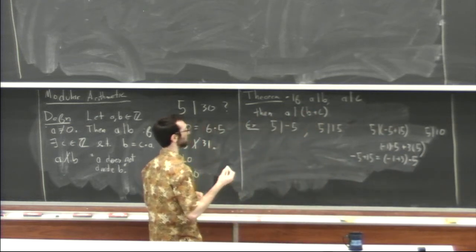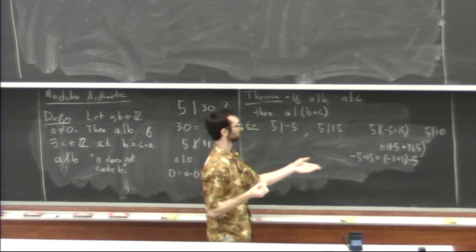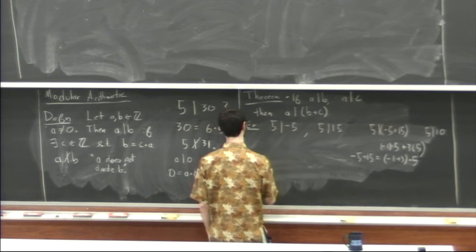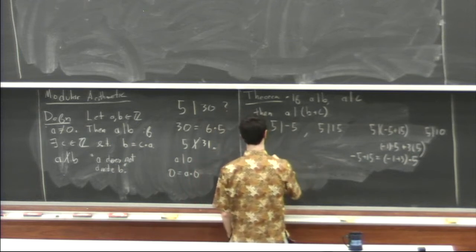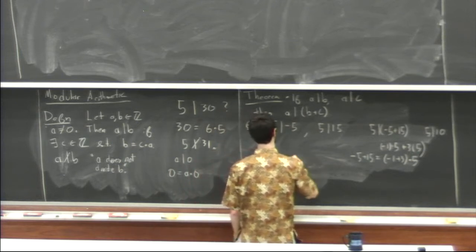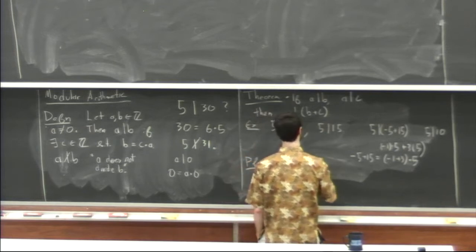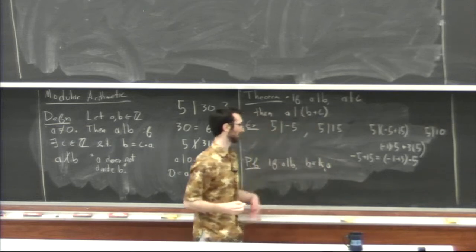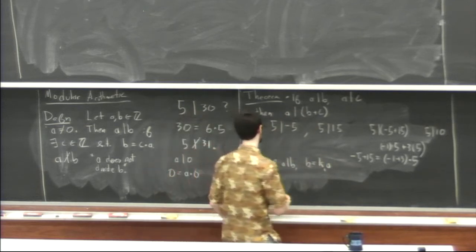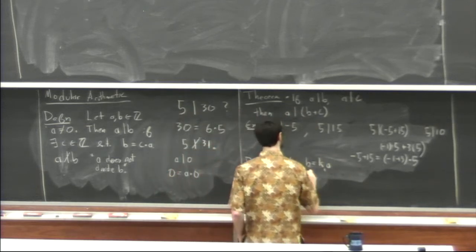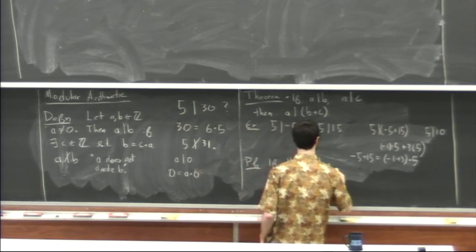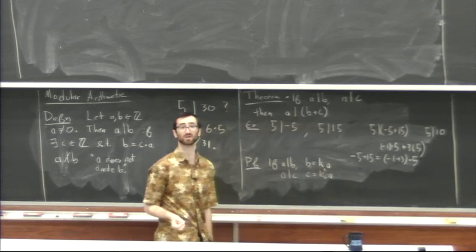Okay, and this one you prove in pretty much precisely the same way. Proof: if a divides b, then b is equal to k1 times a, where k1 is some integer. If a divides c, then c is equal to k2 times a, where k2 is some integer.